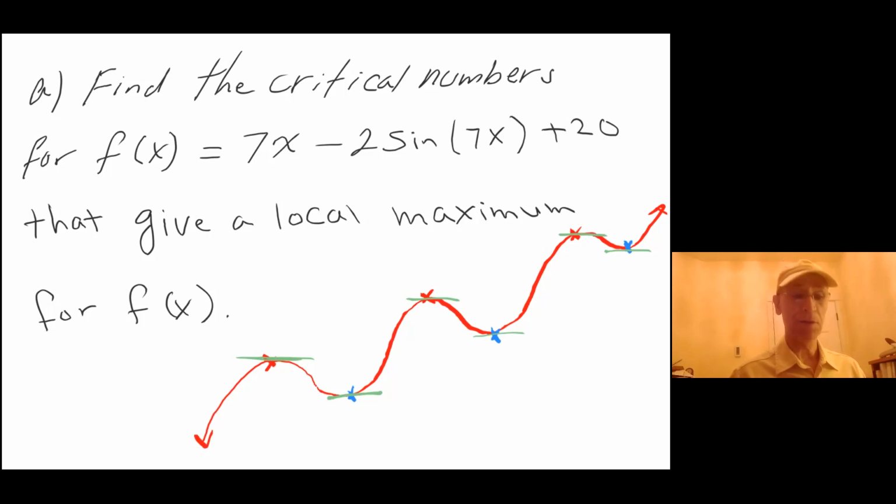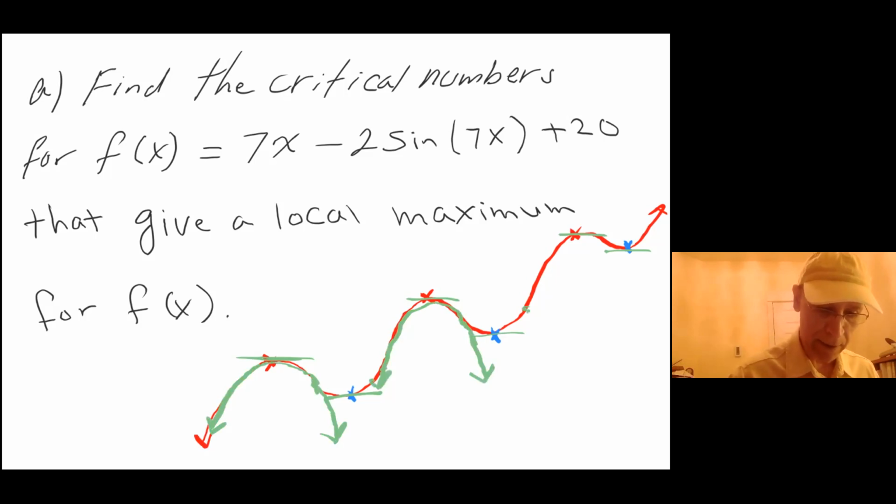Well, notice that if our graph is concave down, in here and in here, and in here and on, then I have a local maximum.